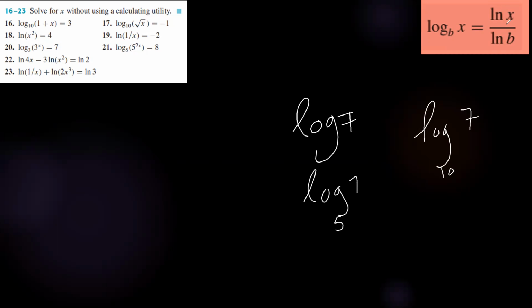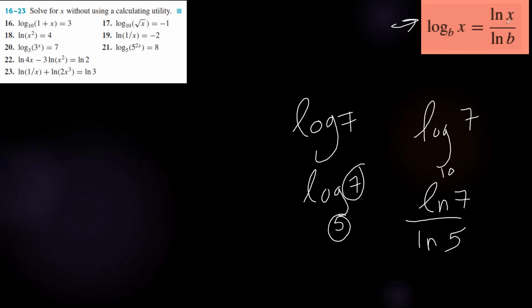Now, sometimes in your calculator you can find it, but some calculators don't have it. If you write logarithm of 7 as an example, by default it is logarithm to the base 10 of 7. But if you want to find logarithm base 5 of 7, sometimes in your calculator you have to write 5 down and 7 up. And sometimes you have to find it using this formula, ln of 7 over ln of 5.